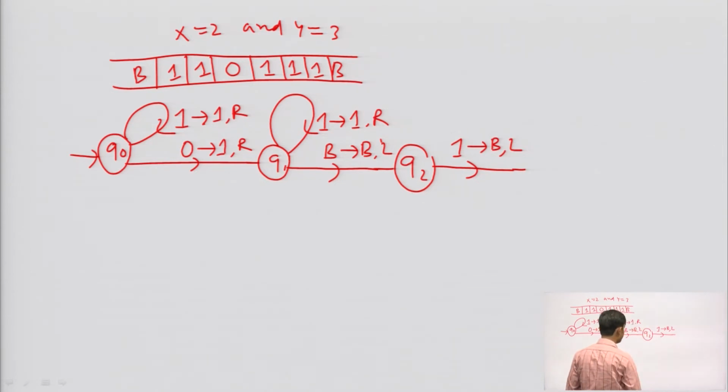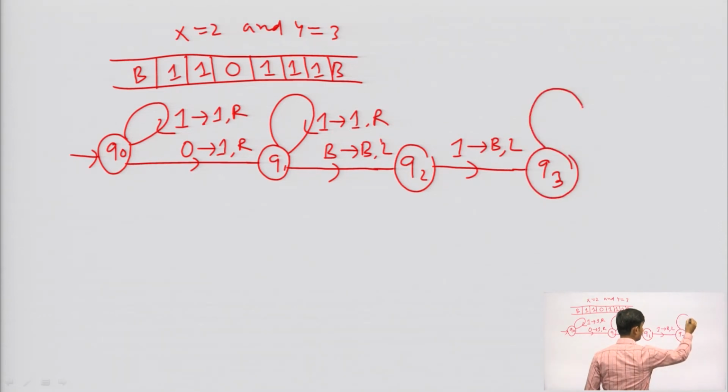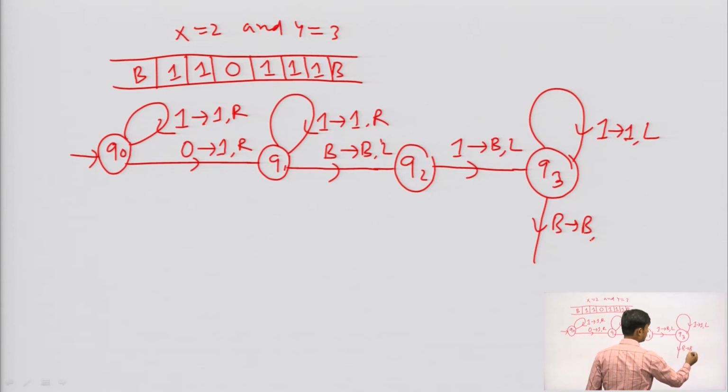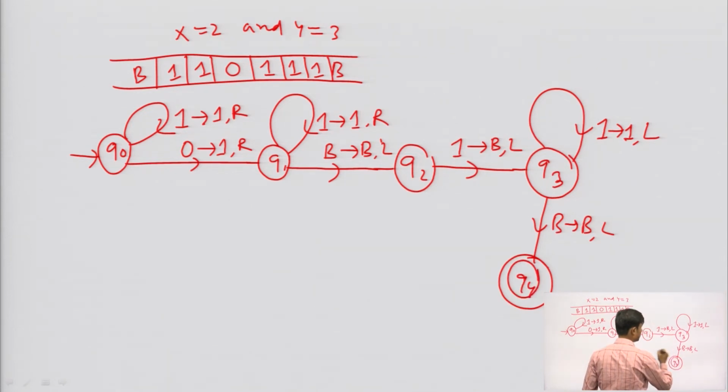So now this is Q3. In Q3, for all 1, 1 and this is left. So when you get a blank here, and this is blank, or you can say left, this is Q4, the accepted state.